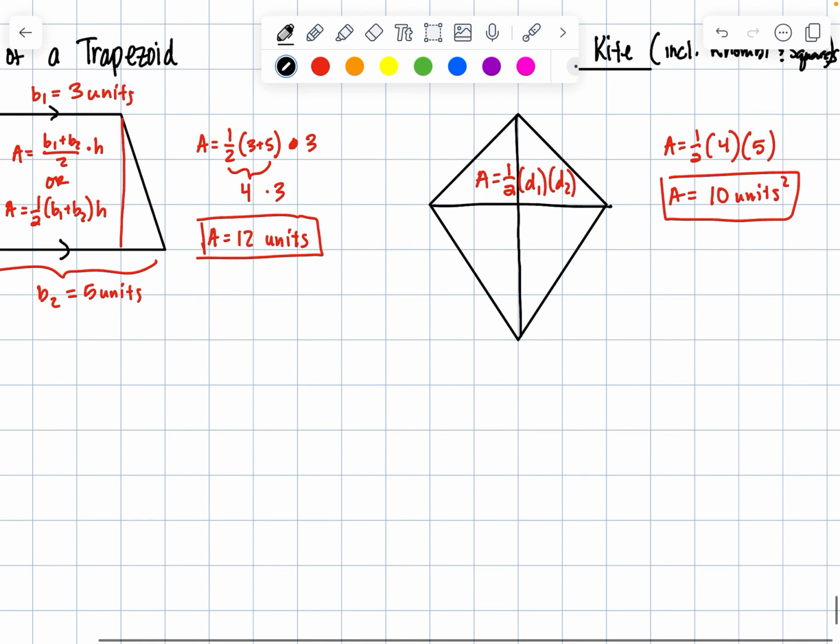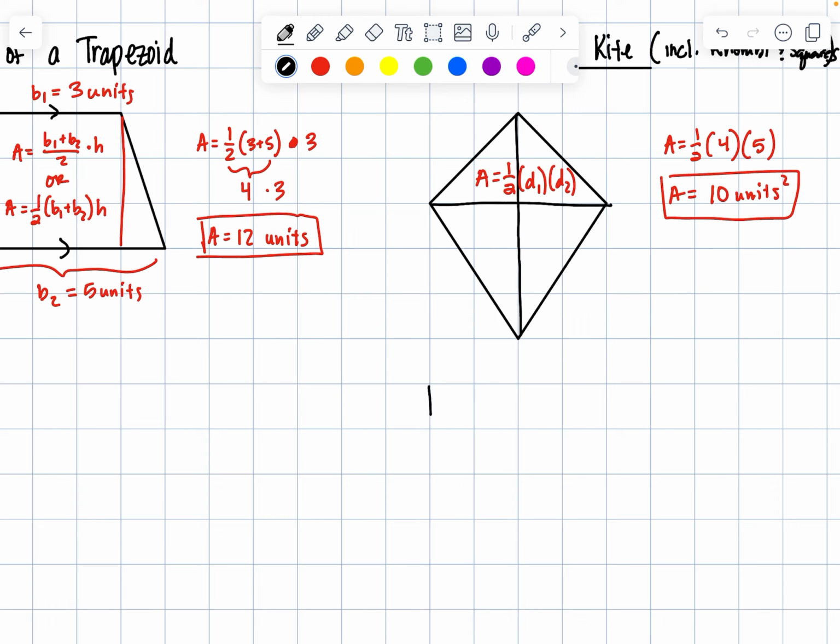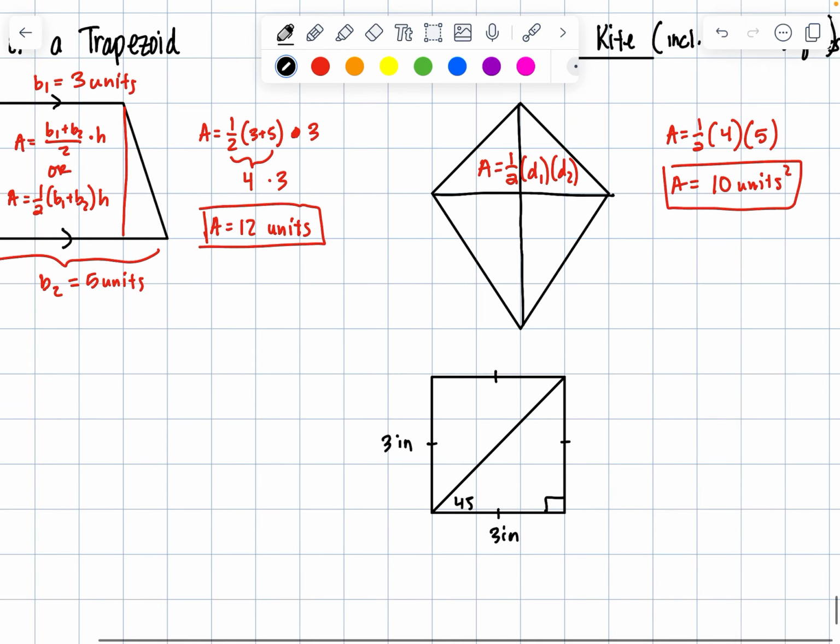Okay, if you don't believe me, we could do one really quickly. Let's do a square, because if it fits as a square, then it should fit as a rhombus as well. So let's say this has 3 units, or 3 inches, which means all sides are 3 inches. If you remember your diagonals for a 45-45-90 triangle, this makes it a lot easier, which makes this 3 root 2.